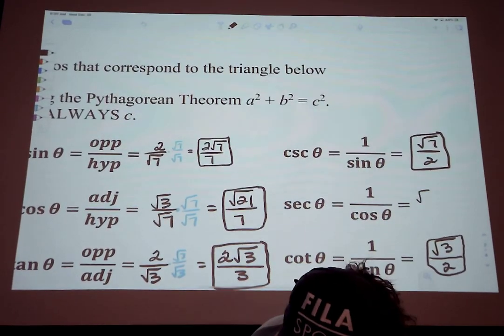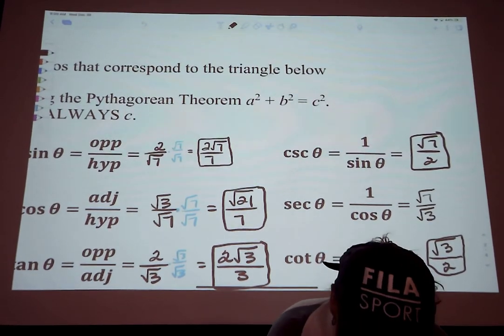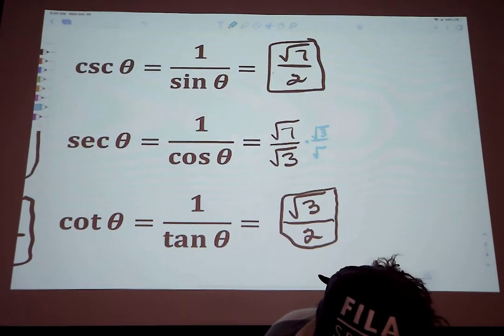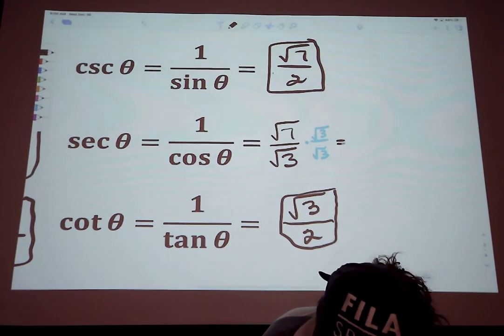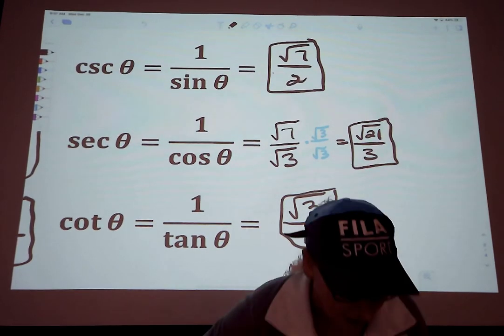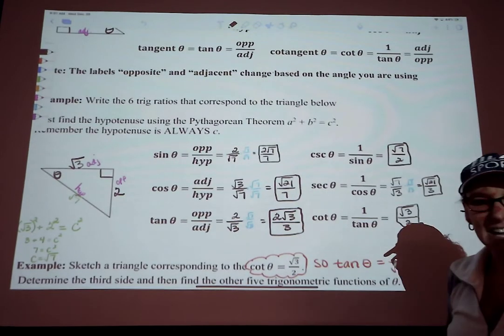So I get radical 7 over radical 3, and I'm going to fix that. I get radical 21 over 3. Okay? Simply making ratios.